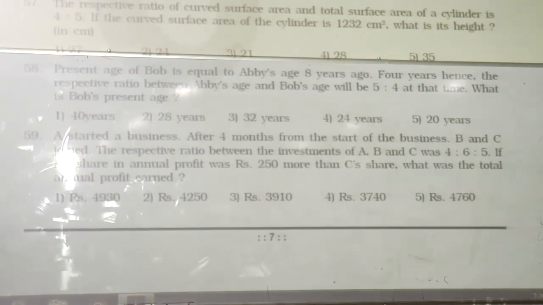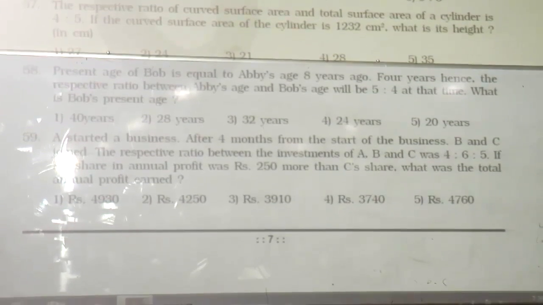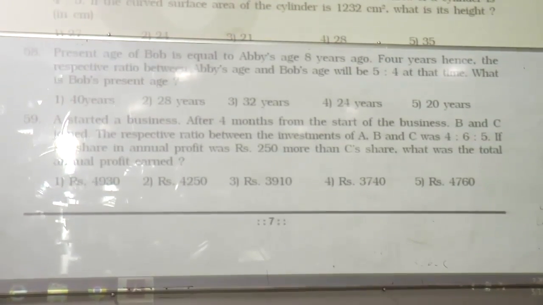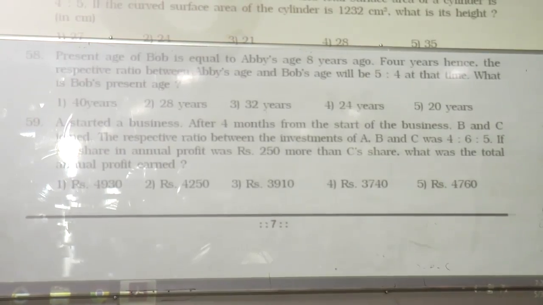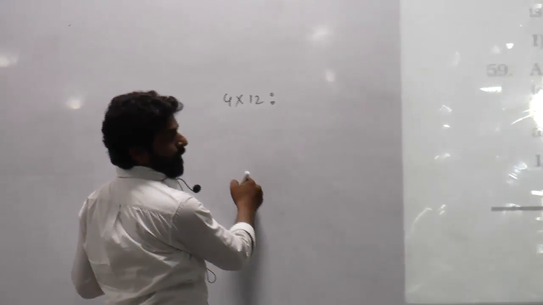A started a business. After 4 months from the start of the business, B and C joined. The respective ratio between the investments of A, B, C was 4:6:5. If A's share in the annual profit was 250 more than C's share, what was the total annual profit earned? A invested 4 parts for 12 months, right?